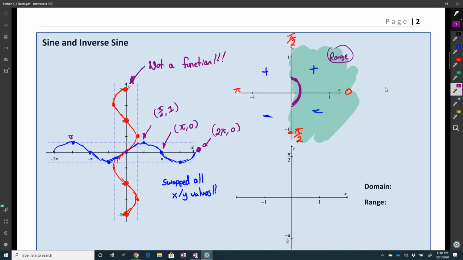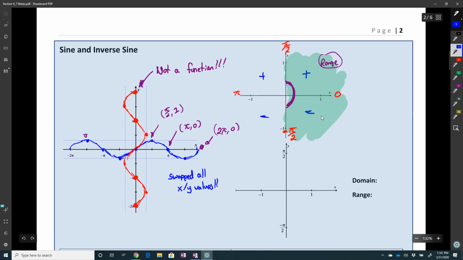It's not on the left side. So if we're going to graph it, let's see, got these points here, got this point up here. And so the graph, and that's it.